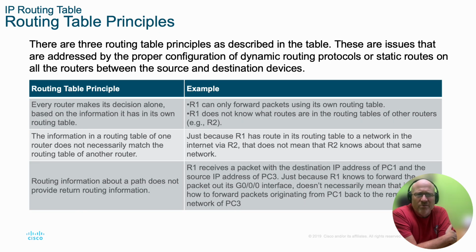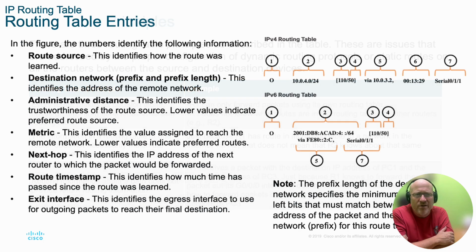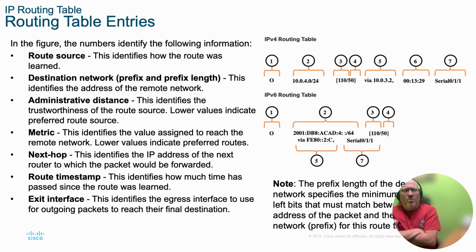Every router makes its own decision, but it will make a decision based on the routing table, and it will make a decision based on the best possible path it can make. So it will find out where it's learned information from, what the destination is, what the administrative distance is, the metric, the next hop, the timestamp when it's learned, and the exit interface.